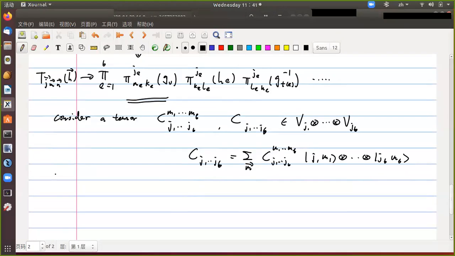So now let's consider a linear combination of this tensor with respect to the basis.